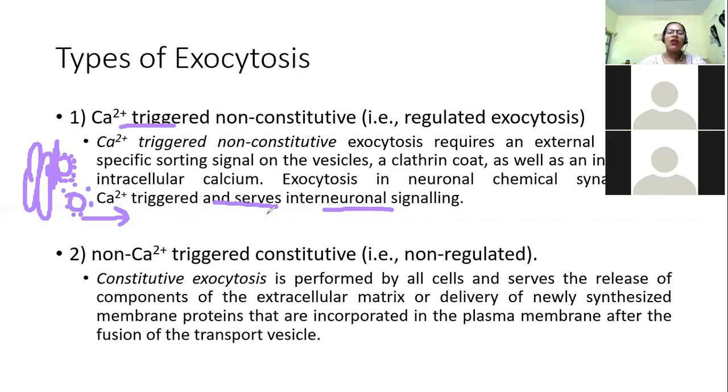Now, in the case of non-regulated, that is constitutive, exocytosis, it does not depend on calcium. It is performed by all the cells and serves to release components of the extracellular matrix or deliver newly synthesized membrane proteins. So in this case, you will be secreting extracellular proteins, for example proteases.